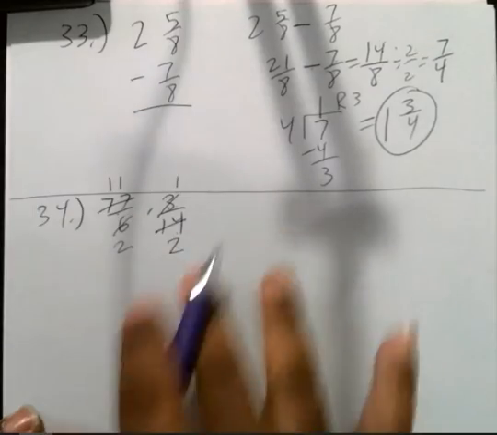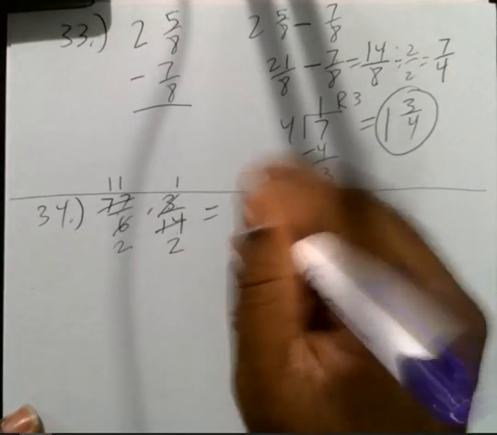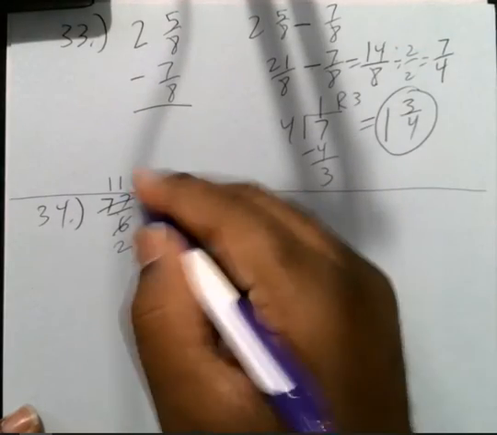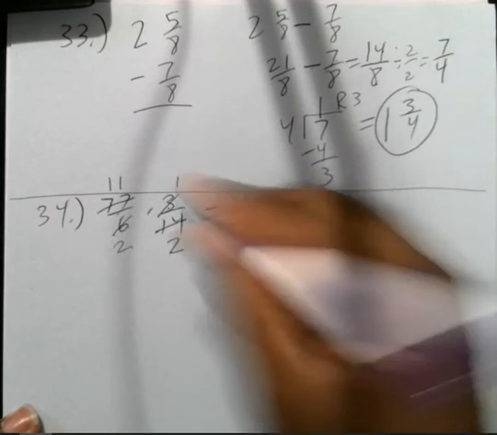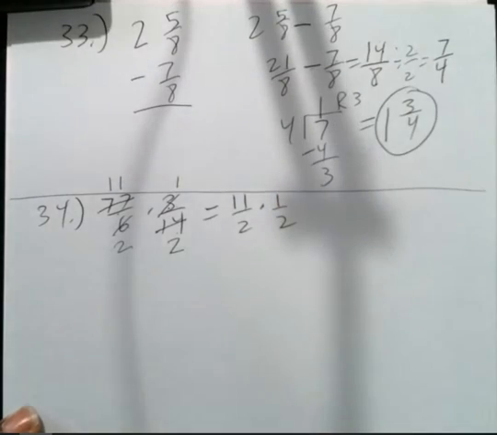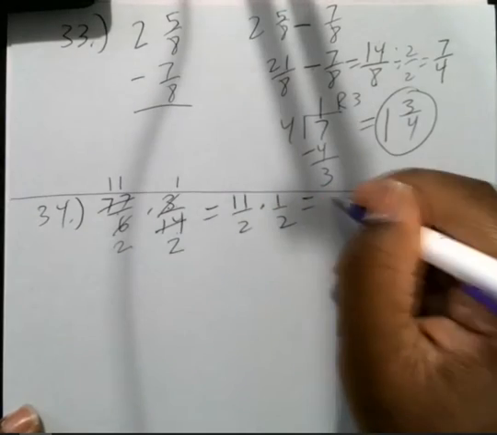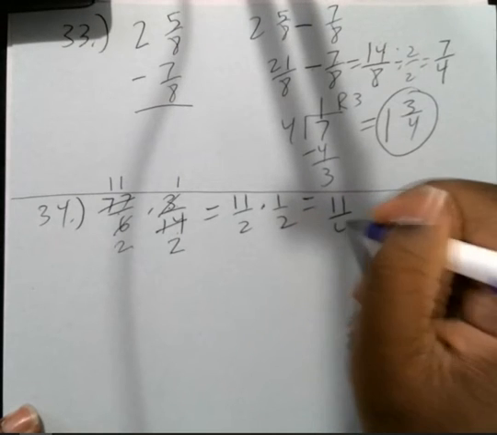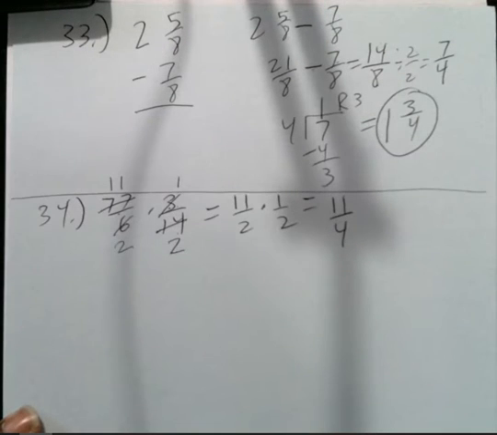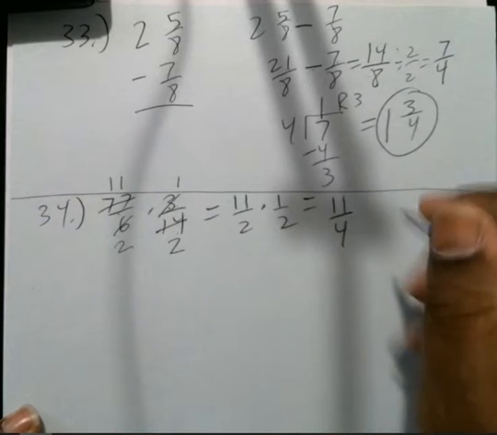Now I'm just going to rewrite this so you can clearly see what we have here. We will have 11 over 2 times 1 over 2. So 11 times 1 is 11, and 2 times 2 is 4. Now again, we typically will rewrite this as a mixed number if we can.